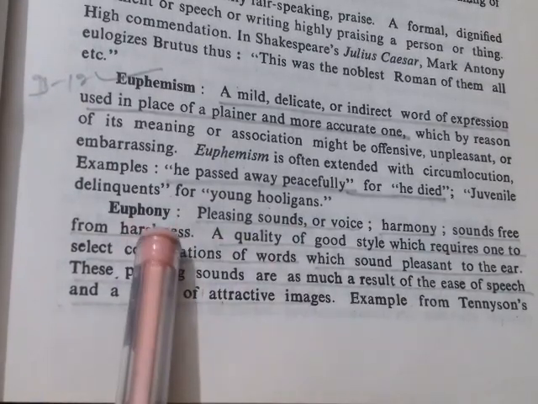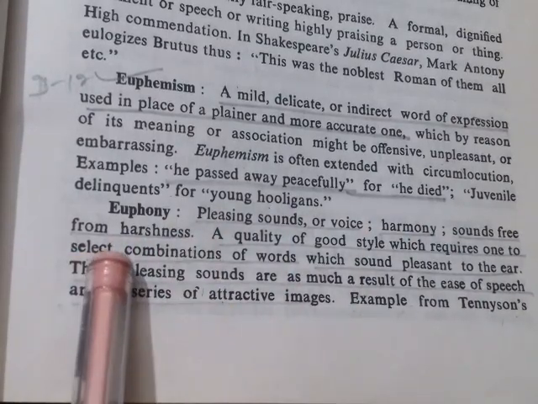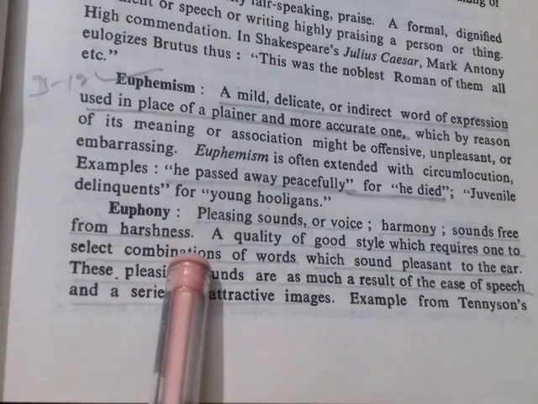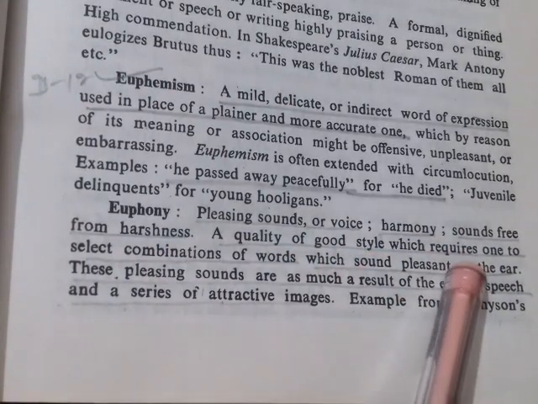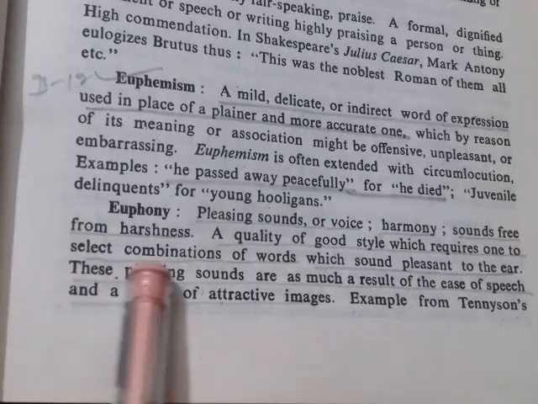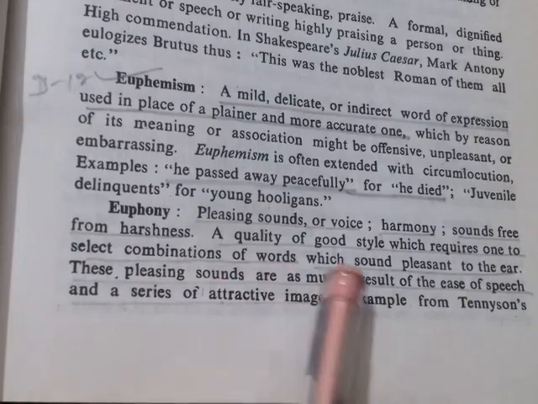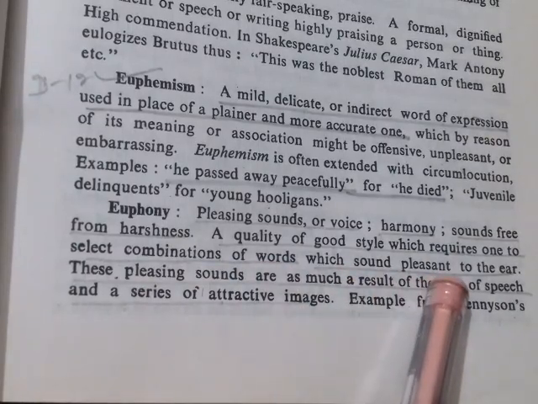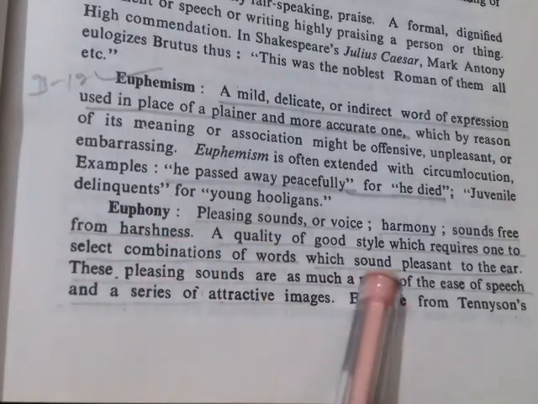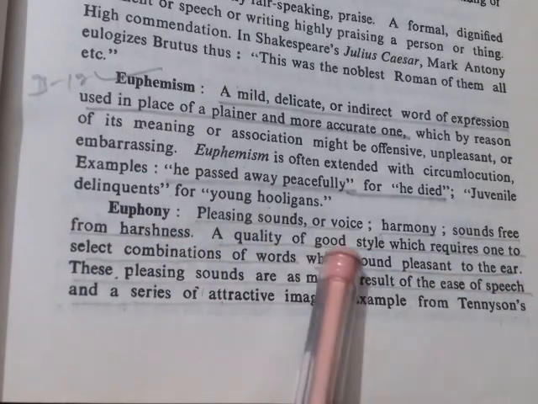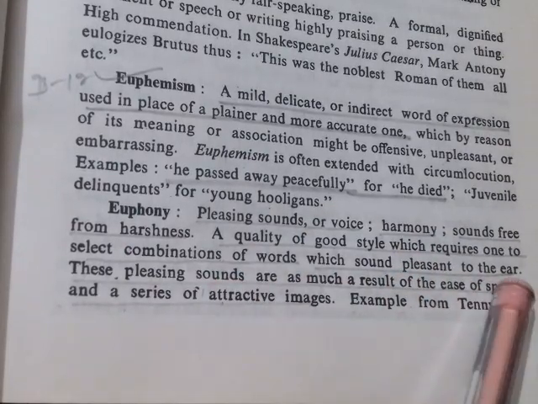So euphony is always free from any kind of harshness, any kind of bad sound, and there is always a quality of good style which requires one to select combinations of words. Combinations of what kind of words? Which sound pleasant to the ear. Means euphony always pleases your ears, while cacophony always disturbs or irritates your ear.